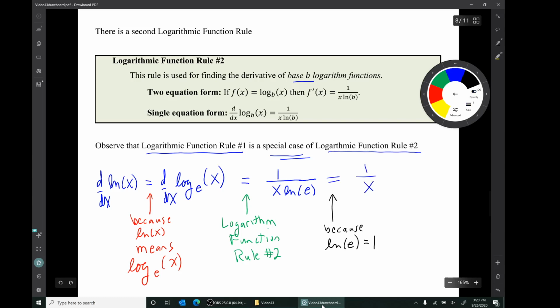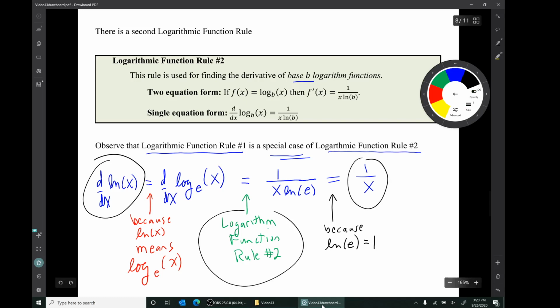So there we go. We have a calculation that has on its left side d dx of ln of x, and on its right side 1 over x. And in the middle, we used logarithm function rule number 2. So that's what I mean by saying that log function rule number 1 is just a special case of log function rule number 2.